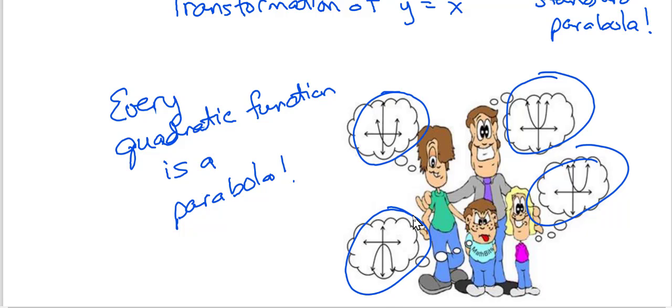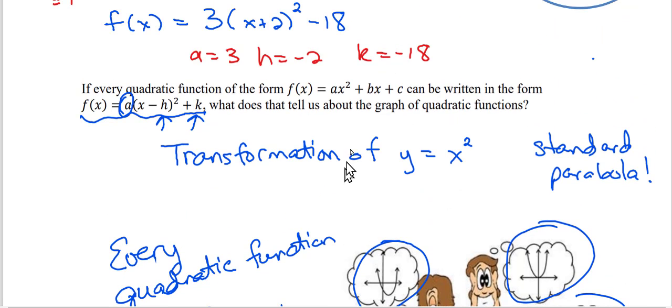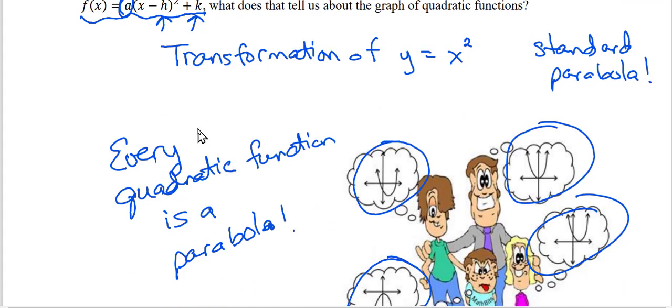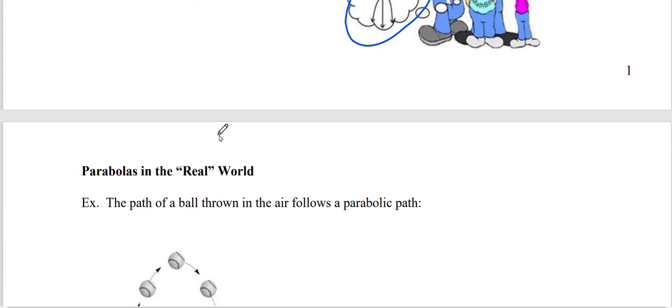This one's reflected, maybe shifted down a little bit, right? Because we can always write a quadratic function in this standard form, we know that we're always going to get a parabola that is somehow transformed around the plane.